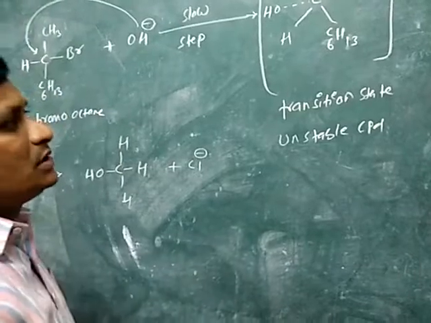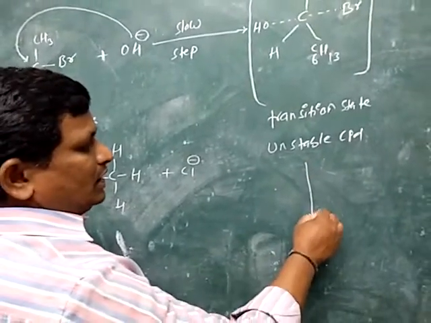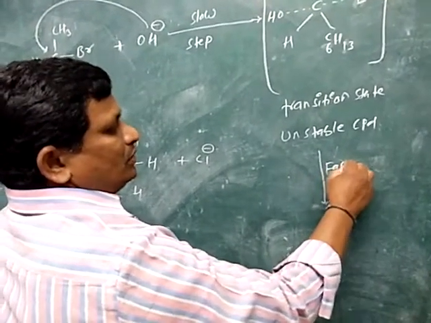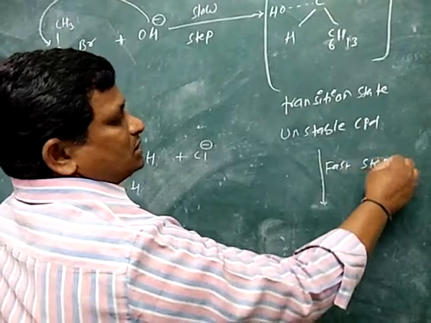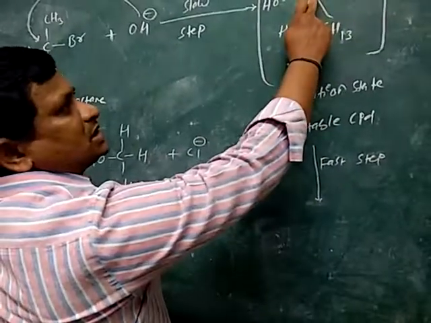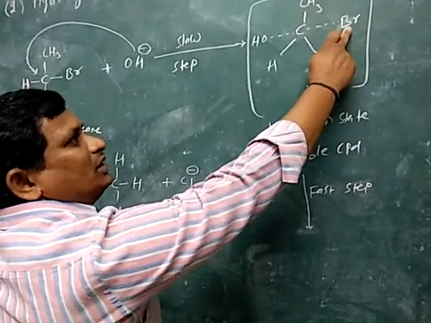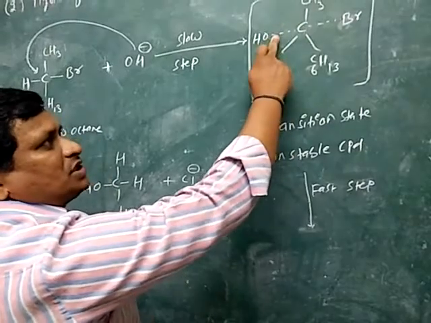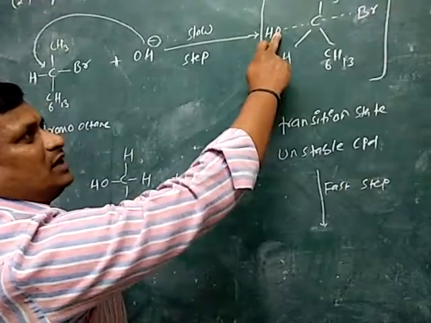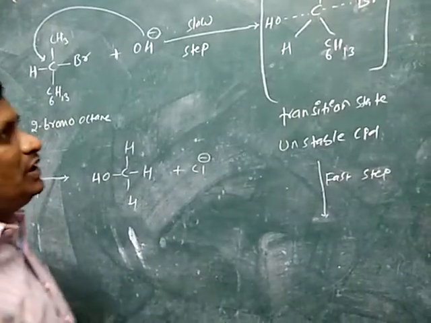Then again, in the fast step, the partial C-Br bond is broken and the partial C-OH bond is converted into a strong covalent bond.